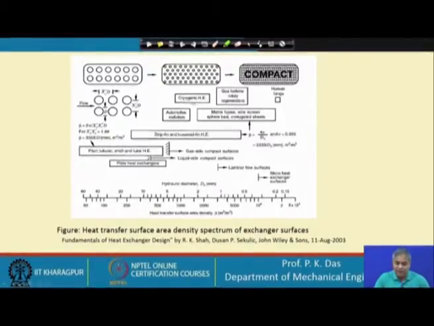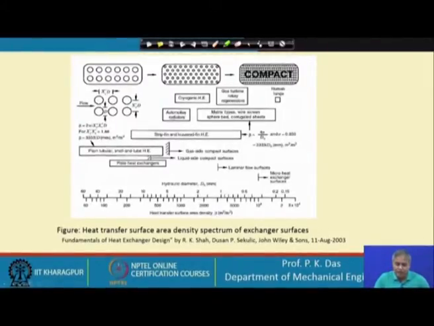One is the cryogenic heat exchanger. Cryogenic means air liquefaction etcetera, and there we need very compact heat exchangers. Then the gas turbine rotary regenerator, for which I have already shown a schematic diagram, is also a compact heat exchanger.